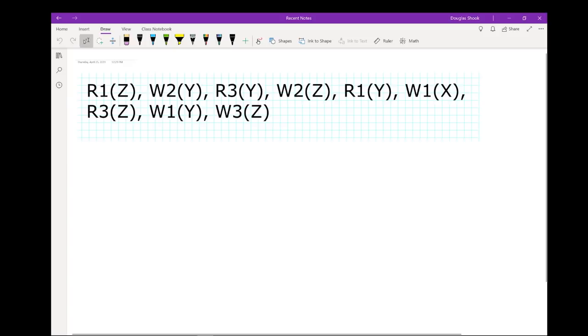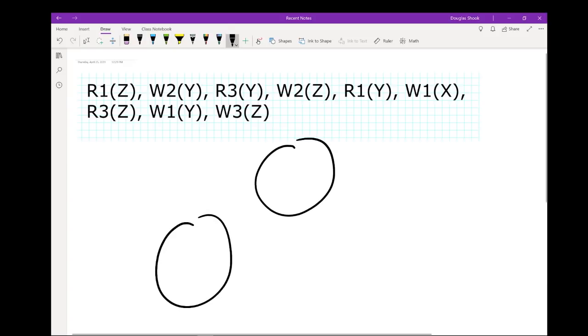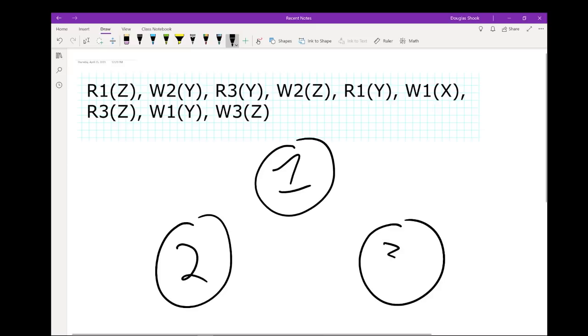Okay, so now I've got 3 nodes. And where are the conflicts? Who can point one out for me? Yeah. 1 to 2, like based on R1Z and then W2Z.